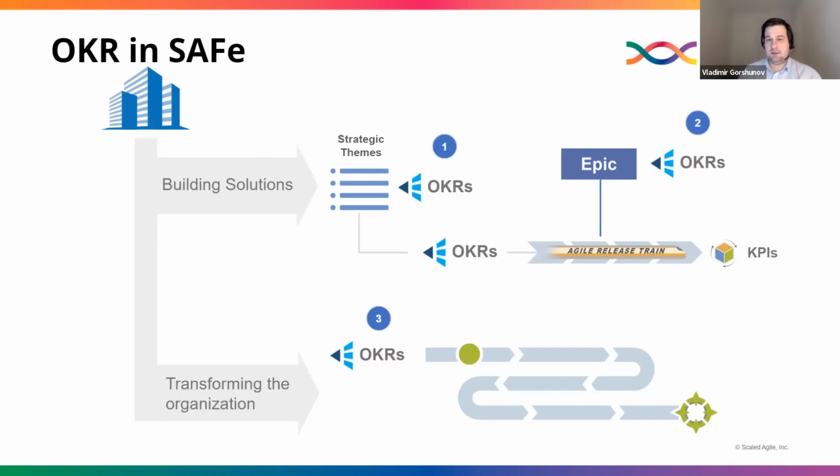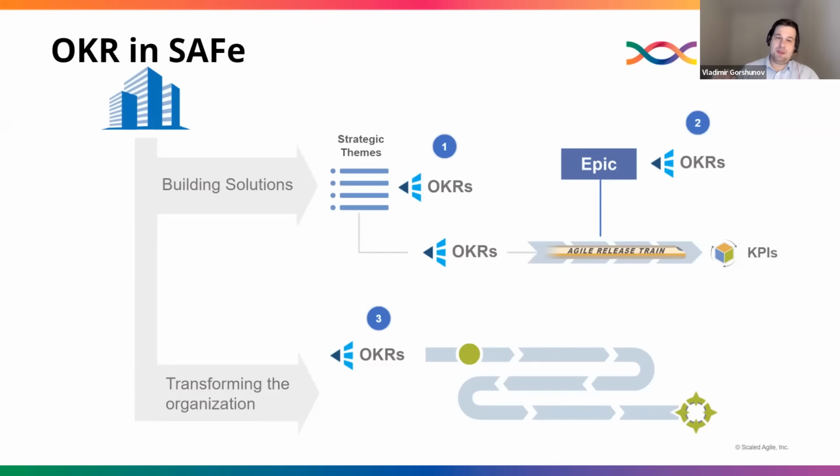And strategic teams is actually a source of portfolio level epics in the Scaled Agile framework. So top level element from the hierarchy of the requirements in SAFe. And actually they define it in the OKR language. So that's exactly OKRs that implement strategy.